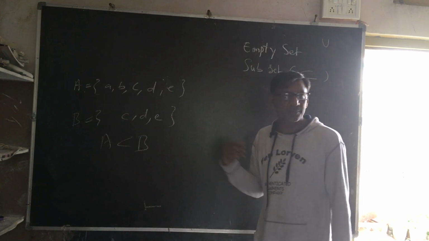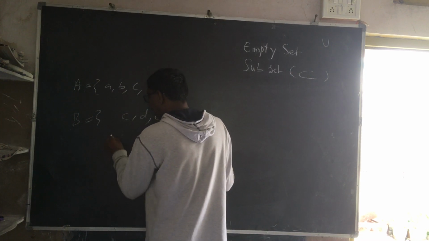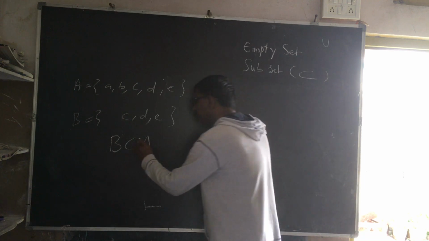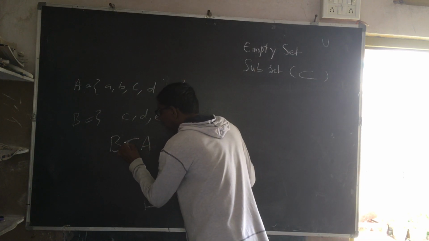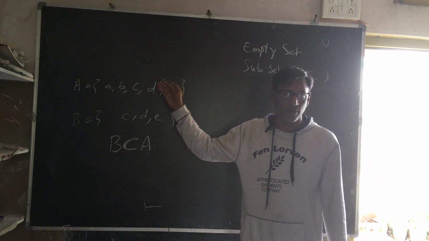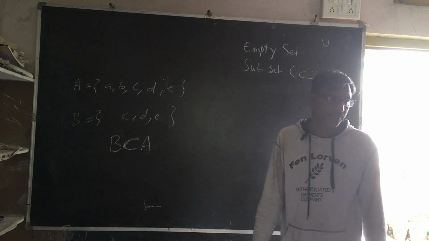A subset of B. Sorry, B subset of A. Use this symbol like this. Every element of B is an element of A, then we can say B is a subset of A.